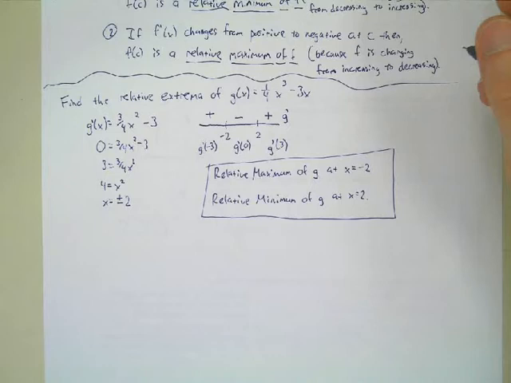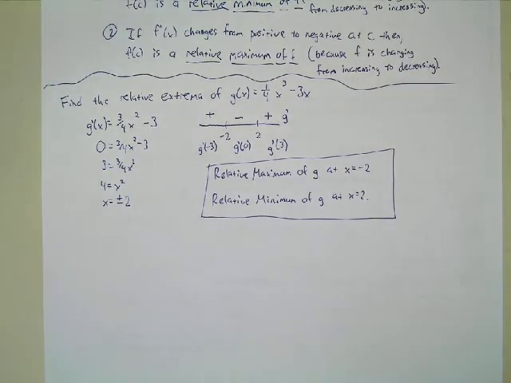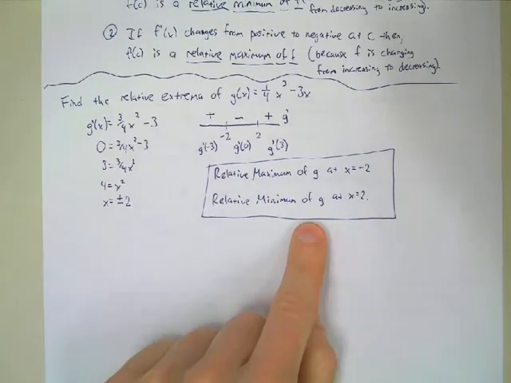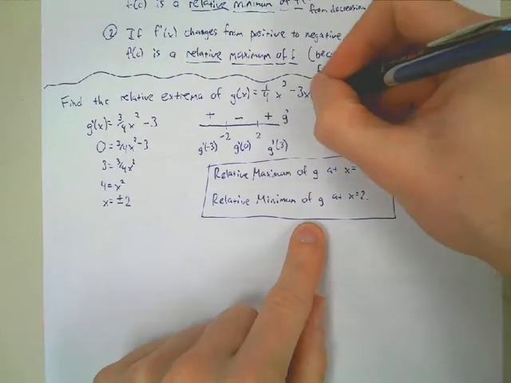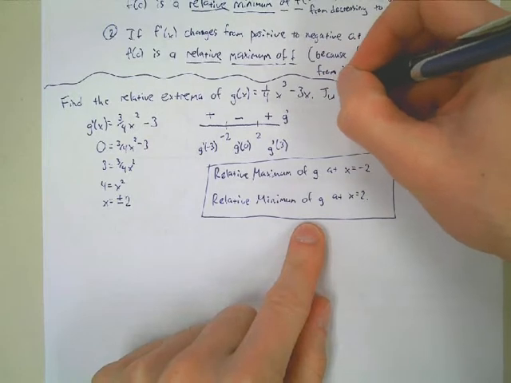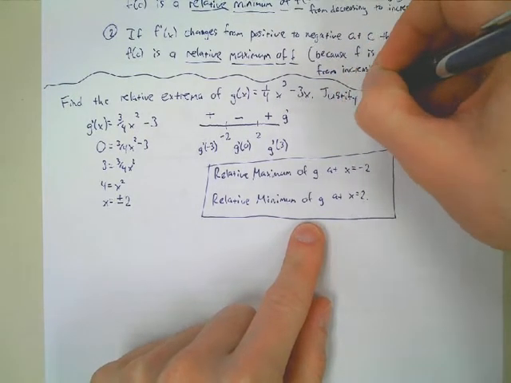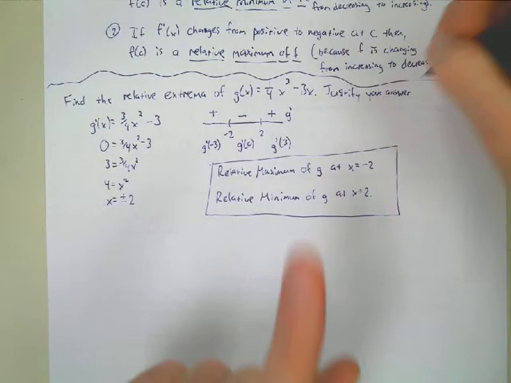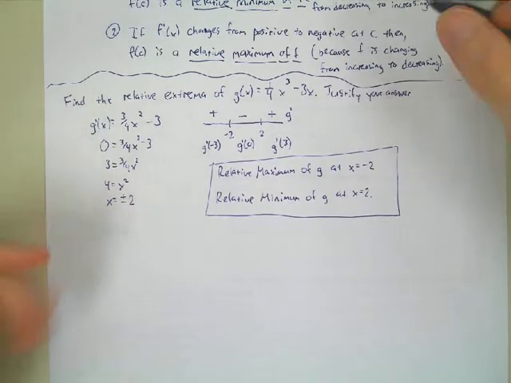So I want to say one other quick word here. With the directions that are being asked, this is a sufficient answer. However, if we add on to the end here, justify your answer, you write it like a sentence. You need to write a sentence. The work and this little number line thing is not enough.